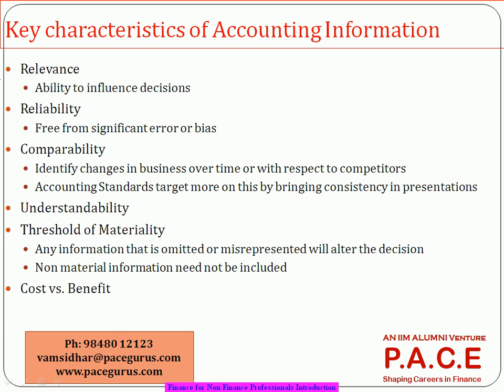That pooling, to make all of us comfortable in trying to understand how the companies have pooled each and every transaction, there are some standards that have come up. One of the most importantly used standards today across the world is called IFRS, International Financial Reporting Standard.